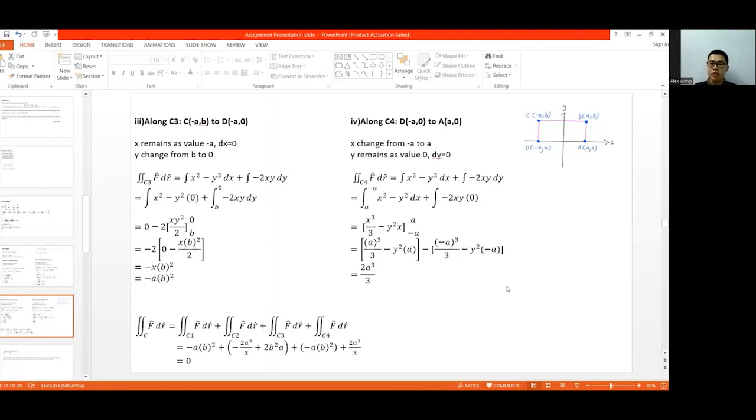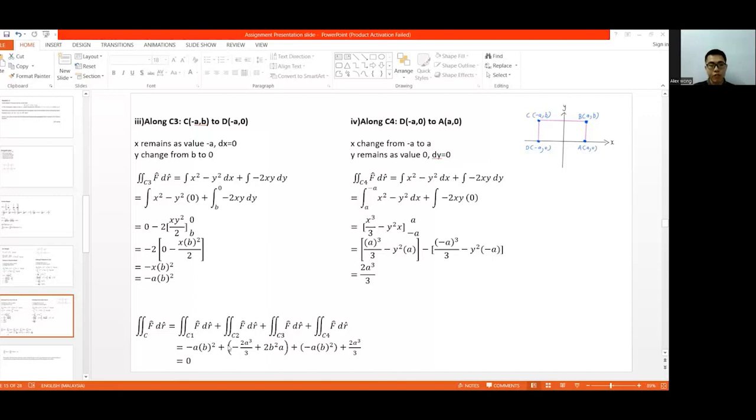Next, we find the line integral for path 4. The x changes from negative a to a, and y remains as value 0, and dy is equal to 0, and then we find the line integral for path 4 is equal to 2 over 3 a to the power of 3.